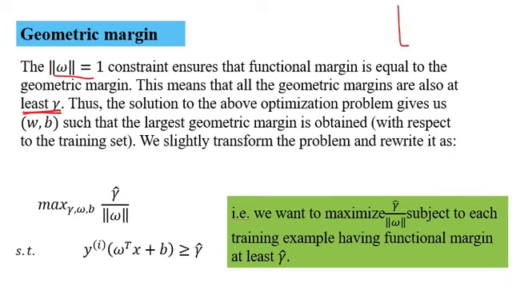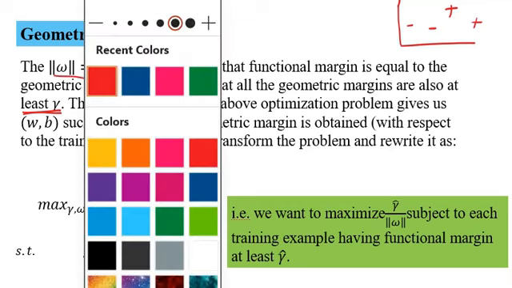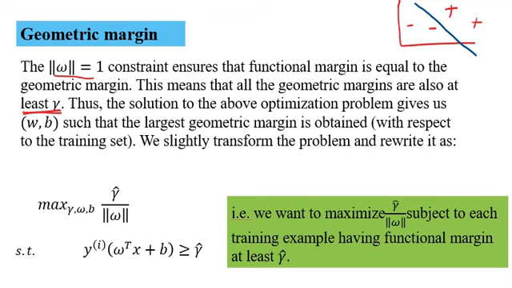When we look at the data samples, the positive ones and the negative ones, and suppose this is the decision surface, we are talking of the geometric margin.